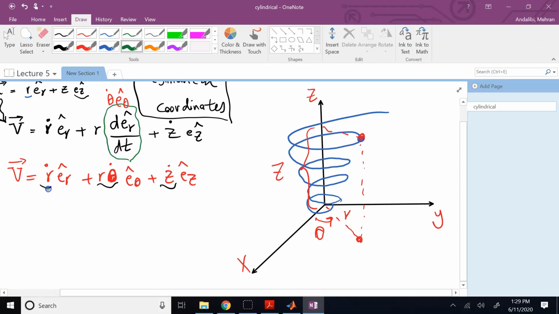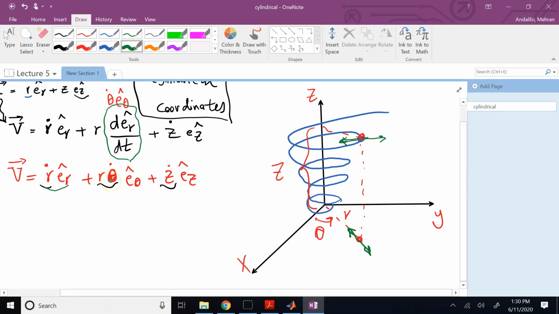This is assuming that you are not rotating on the spiral and you're not going up and down. All you do is go radially inward or outward in this direction, because the radial distance from the z-axis is increasing or decreasing. That's a component of the motion.